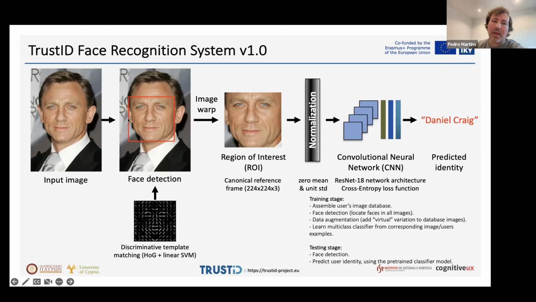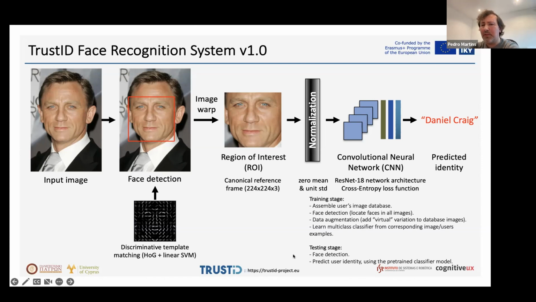We only detect one face per image, because our system was targeting the case where only one person is present. So only one detection is admitted, and this detection provides a region as the input of a neural network.